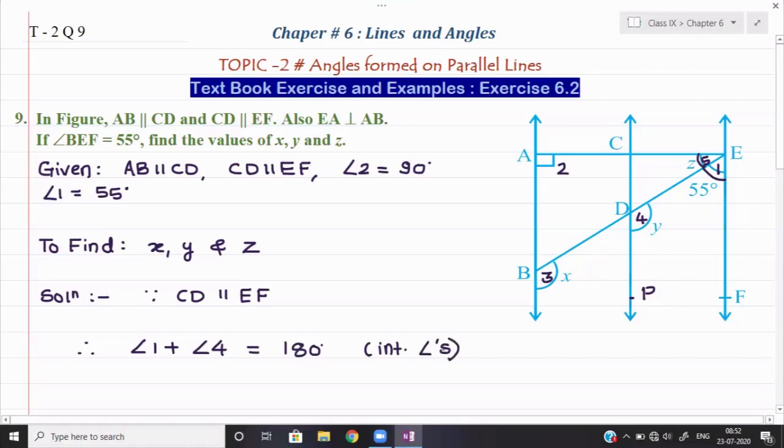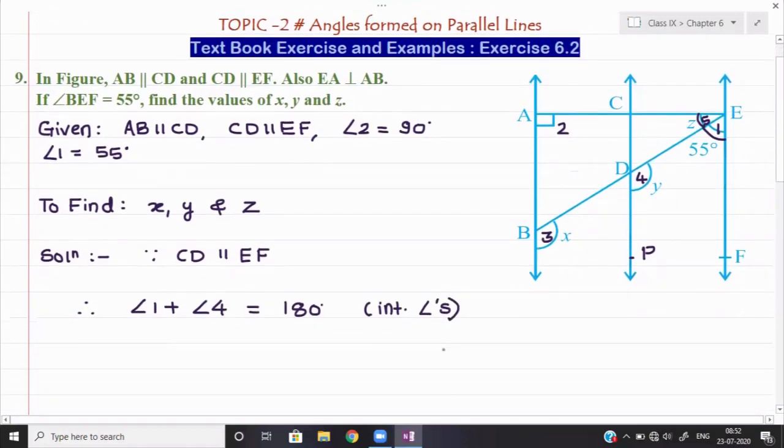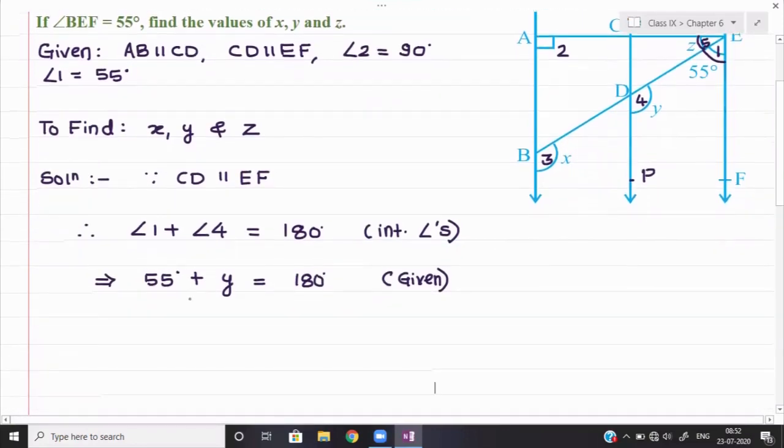Now angle 1 is mentioned in the question, that is 55 degrees. So angle 1 I will mention as 55 degrees, and angle 4 is mentioned as y. So in place of angle 4 I take y, 55 plus y is equal to 180 degrees. Reason: given to us. Now y will remain here and 55 will go to the other side.